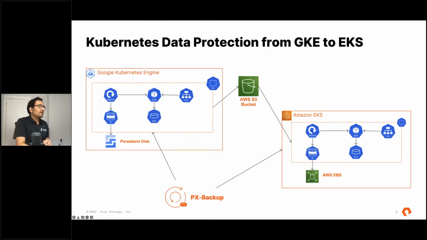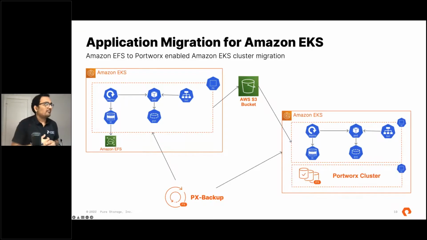The second demo that we have today for you is a scenario where we have a simple application, in this case Jenkins, running on an EKS cluster and using persistent volumes backed by Amazon EFS.